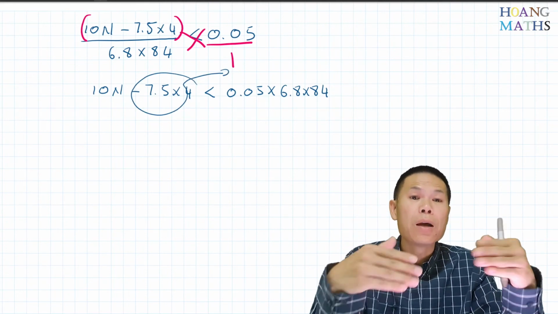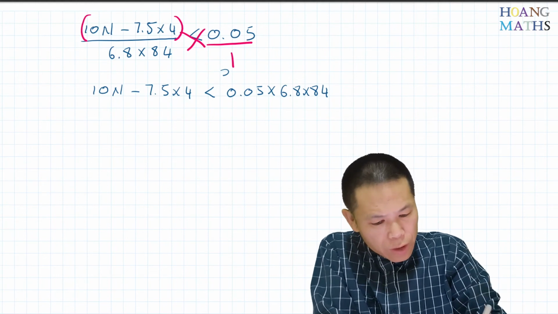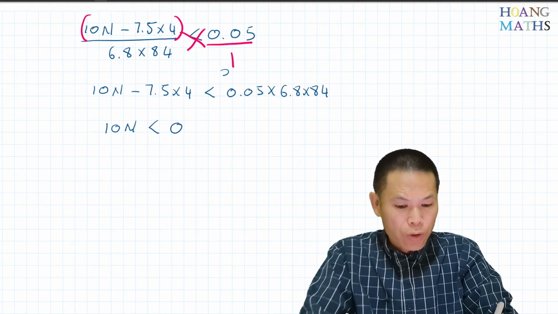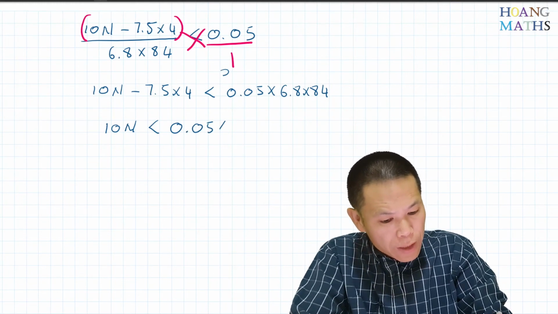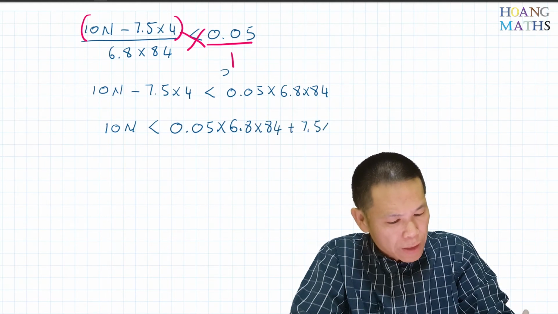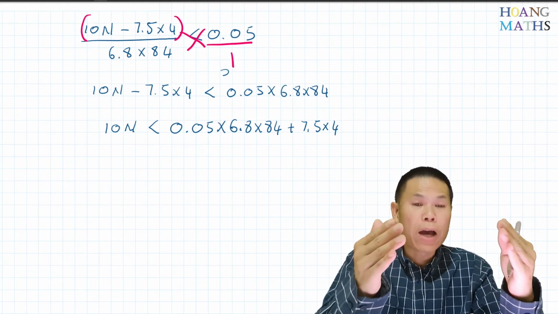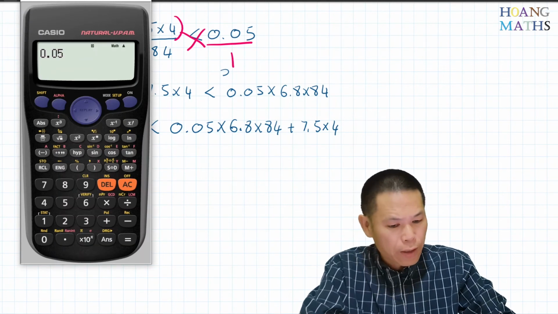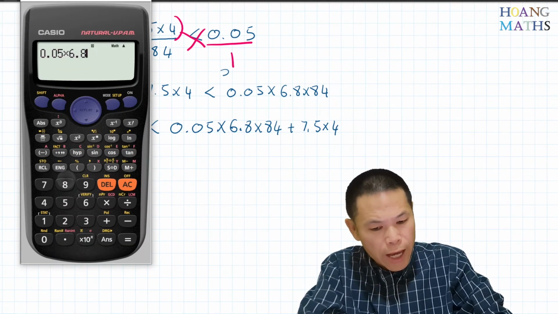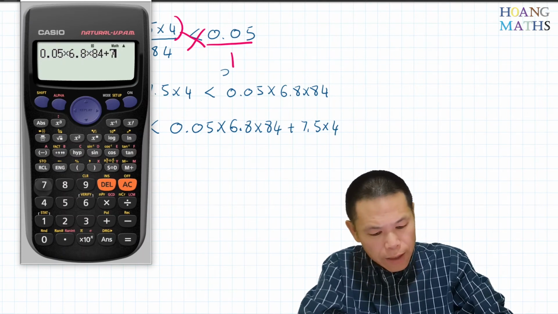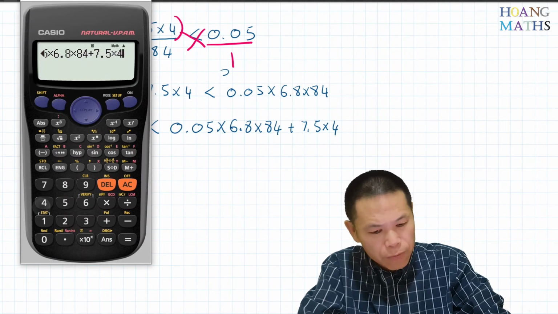So now I can just move this to this side, so it becomes plus. So just go 10n is less than 0.05 times 6.8 times 84 plus 7.5 times 4. Now I just put that in the calculator. I just go 0.05 times 6.8 times 84 plus 7.5 times 4.